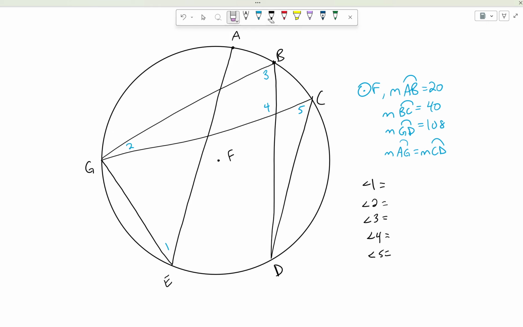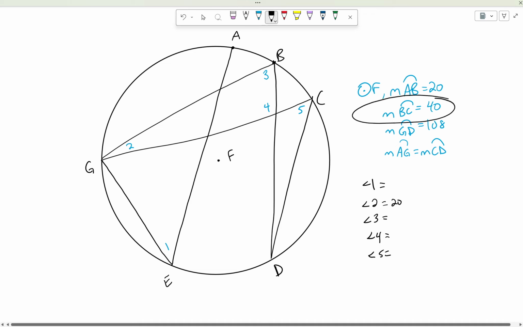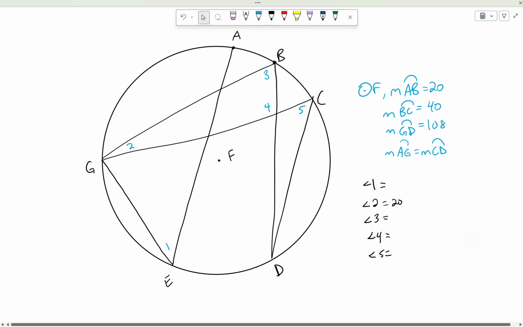So that means angle 2 is going to be 20, because it's half of BC. Angle 3 opens up to GD, and GD we have as 108. Angle 3 here is GBD, which is this arc right here. So half of that would be 54.